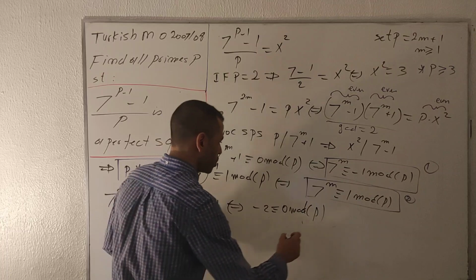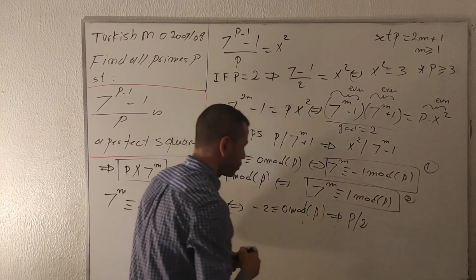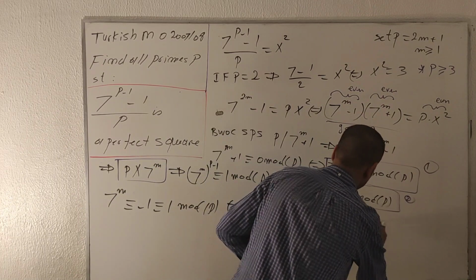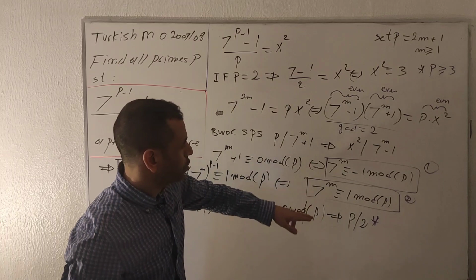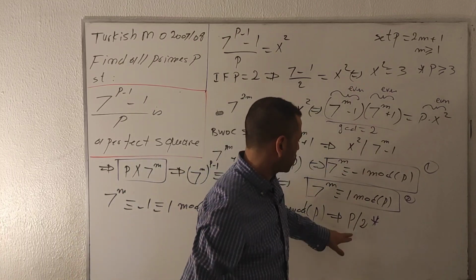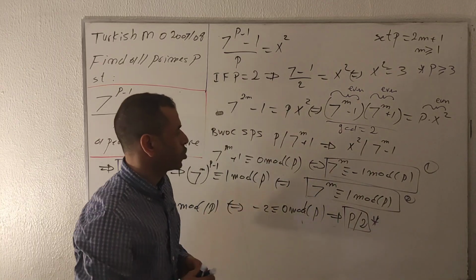This one is telling us p divides 2, which is impossible, because based on the previous proof we have shown p does not divide 2. So we have a contradiction now.